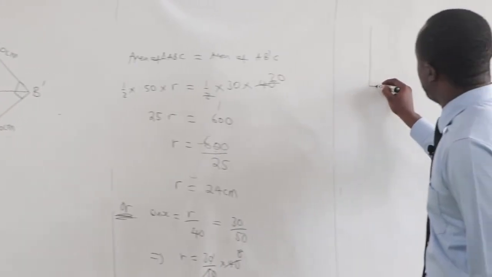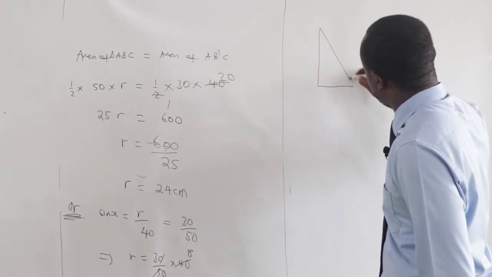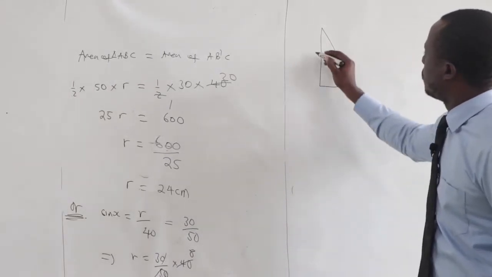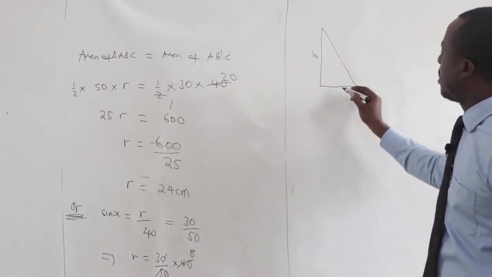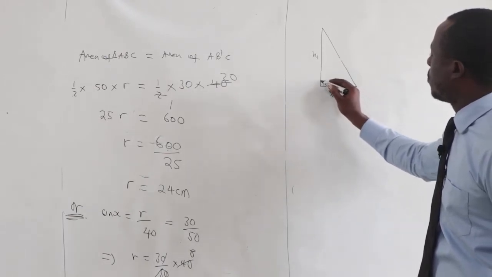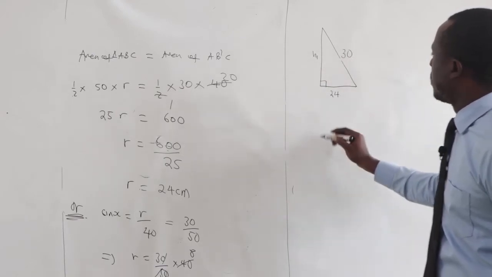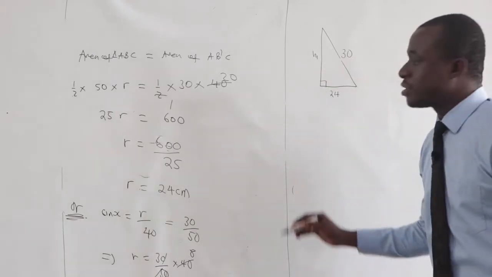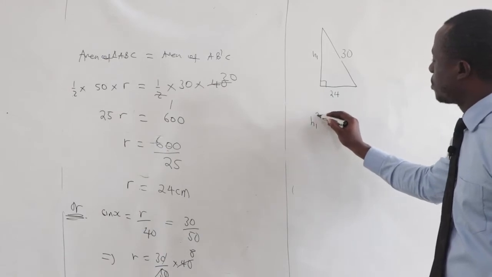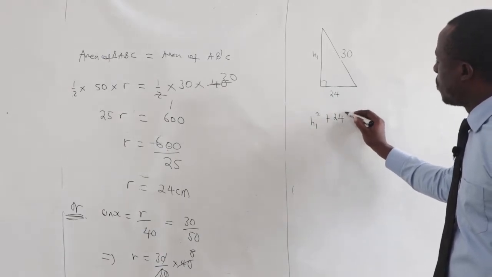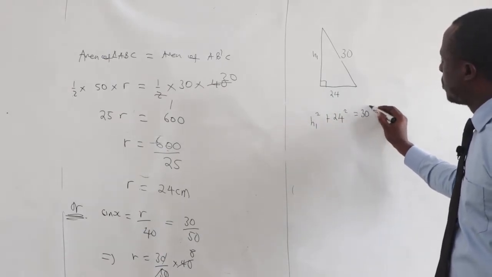So let's consider the first one so that we can find the height. So let's say H1, our R is 24, this is 90 degrees, and then this is 30. Now from here, using Pythagoras Theorem, what do we know? H1 square plus 24 square equal to 30 square.